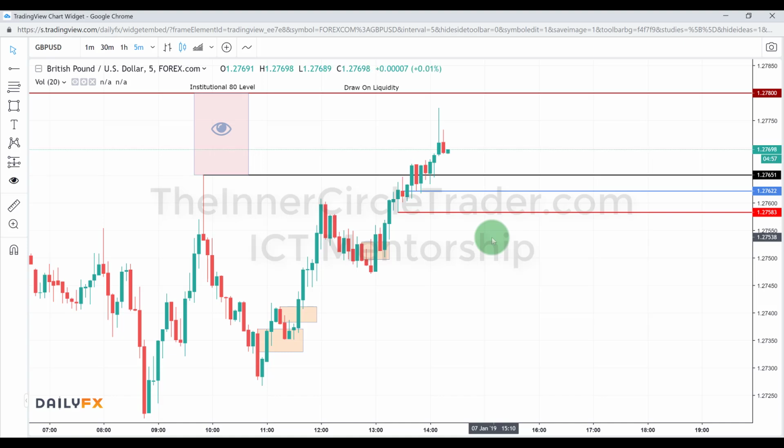I don't want it to be, am I going to have a 50% likelihood of seeing this pan out? I don't want that. I want to be in the upper 80% where I have a lot of things in agreement with my idea of where price should go. And then I use my experience and my tools to give me points of entry to get in sync with that overall price move.